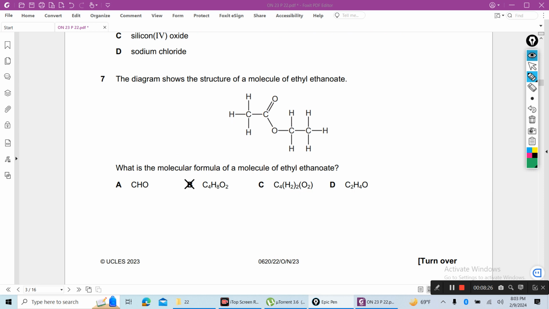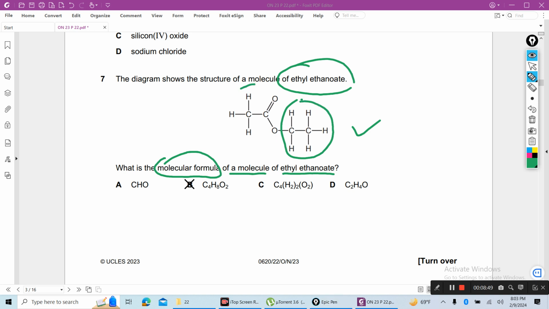Now number 7. This is the ester ethyl ethanoate. What is the molecular formula of a molecule of ethyl ethanoate? This is the ethyl part, the alcohol part, and this is the acid part, ethyl ethanoate.